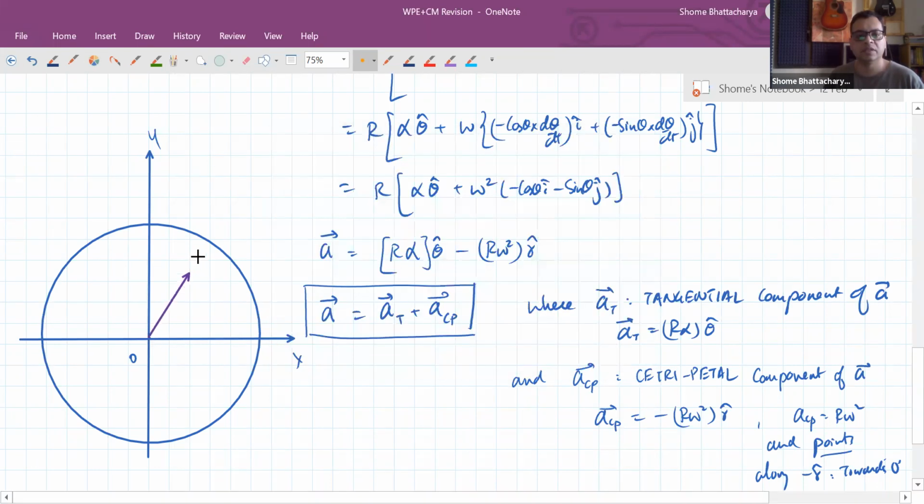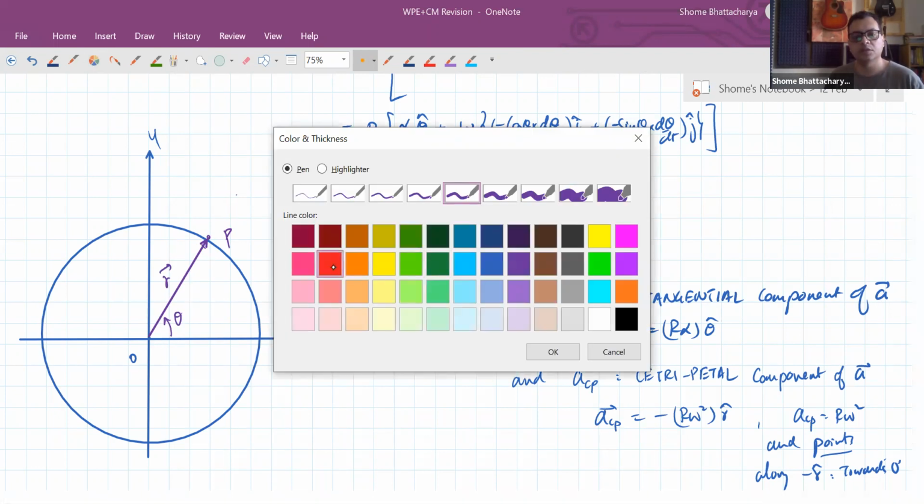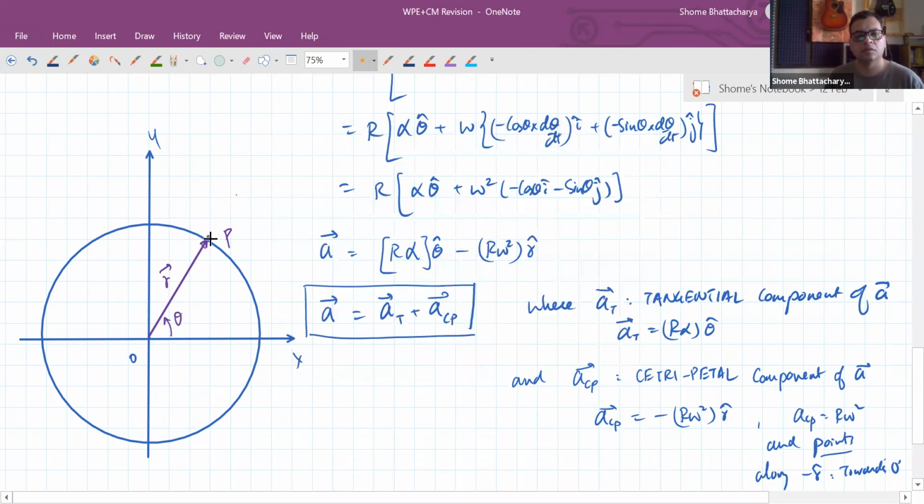If this is the instantaneous position for our particle at some instant of time, then the acceleration would have the two components, the tangential component pointing along the tangential direction and the centripetal component pointing along the centripetal direction.